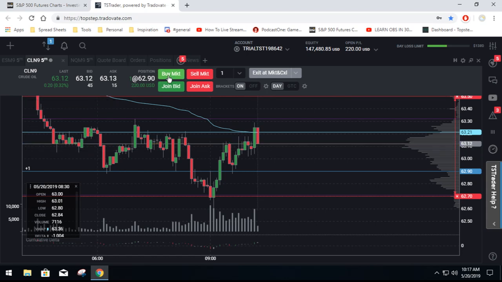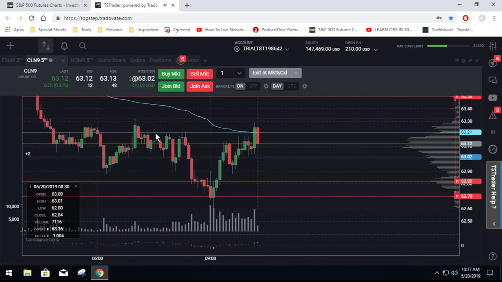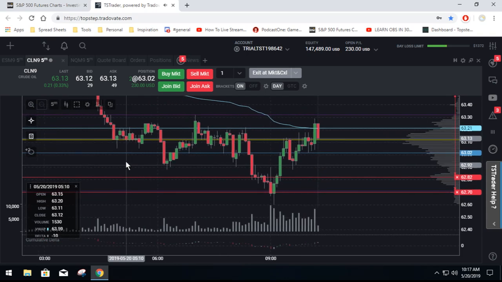Return right for POC. Right, just bought the market out of that contract.